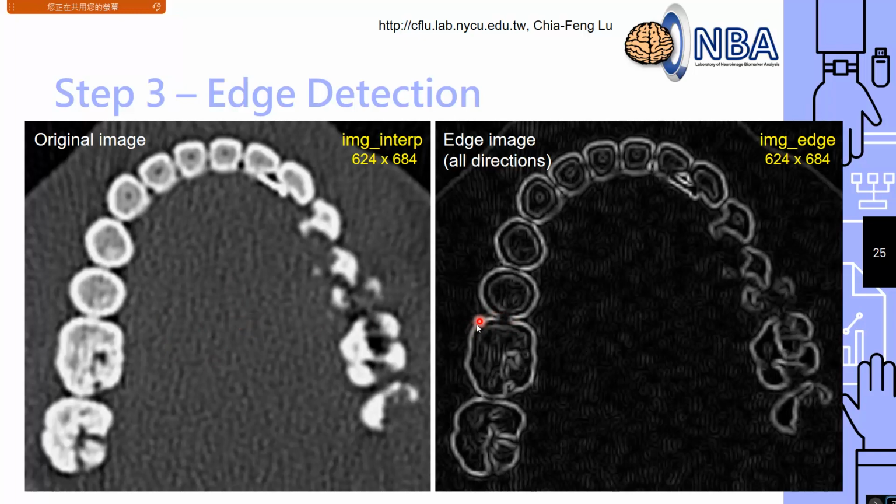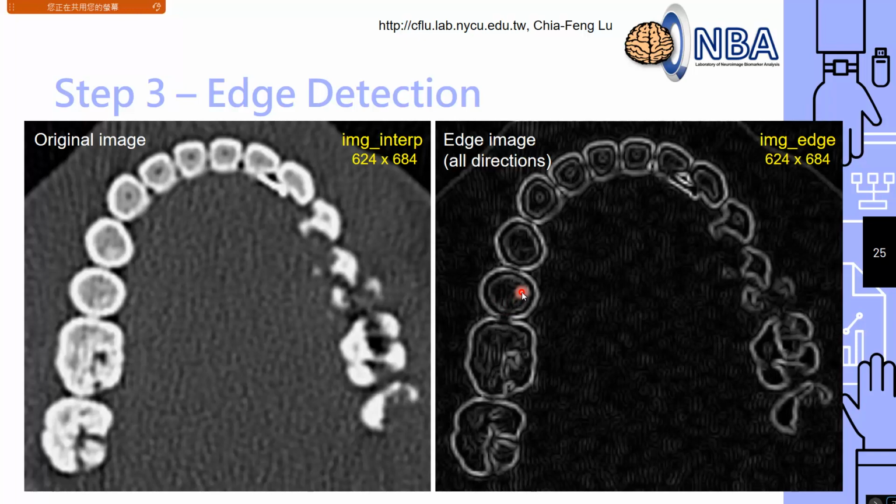What I get right here, the enhanced white curves or white lines, is the edge of the object. Of course, the object right now is the teeth, right? You can even see that each tooth has a much denser outside region and a looser part inside. So you can see there are actually two different edges right here.